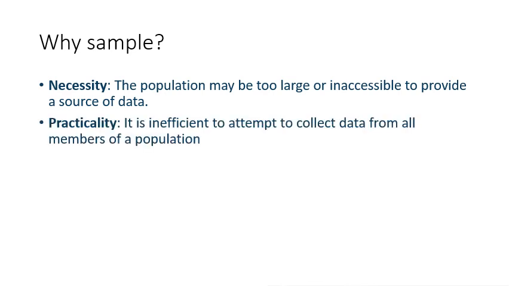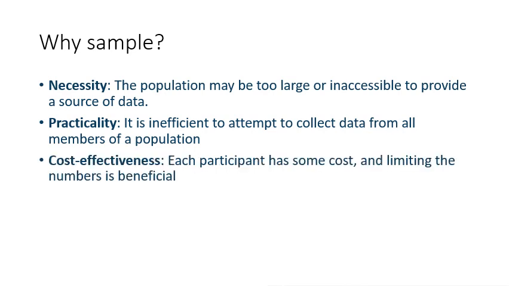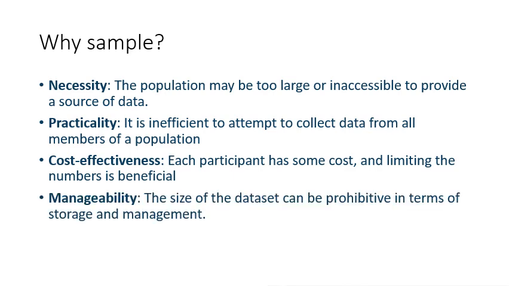It's practical. It's not efficient to attempt to collect data from all members of a population. It costs a lot to get survey data, and so we want to limit our numbers. And if we have a huge data set with every single member of the population in it, it can be prohibitive. And there are also statistical issues that can emerge with that sort of thing.